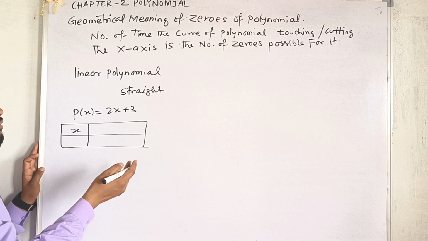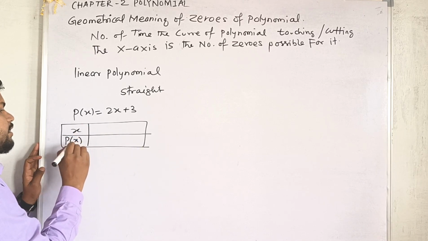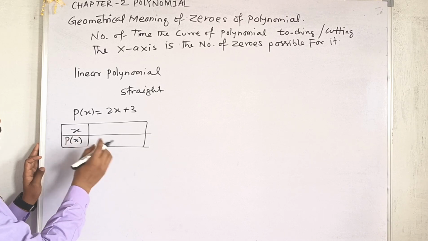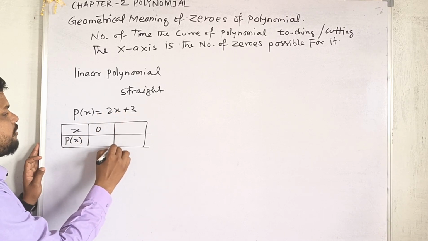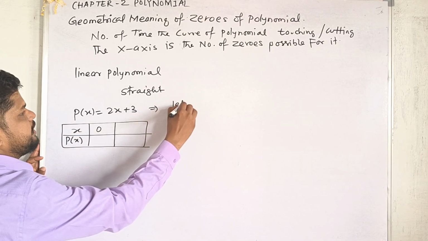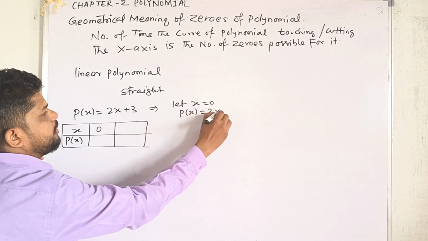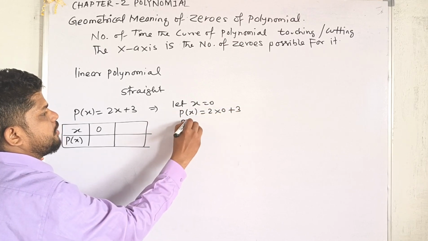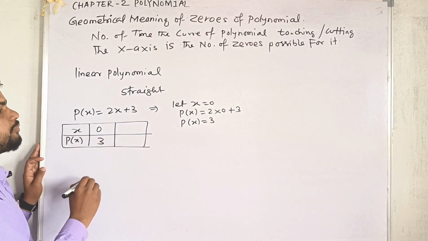I will keep some values of x and get the values of p of x. Suppose I put x equal to 0. Then p of x will be 2 into 0 plus 3, that is, p of x will be 3.